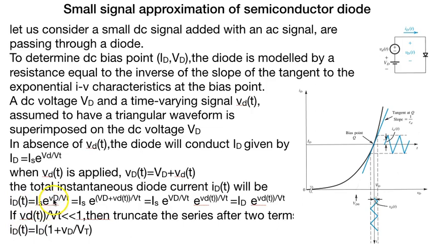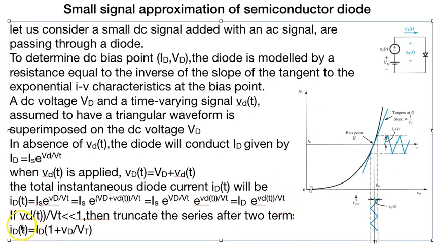If we add the voltages in the power of the exponential function, then on doing some mathematical calculation, the final result will be I_D is equal to e to the power v_d(t), this is the time varying diode voltage, divided by the threshold voltage.